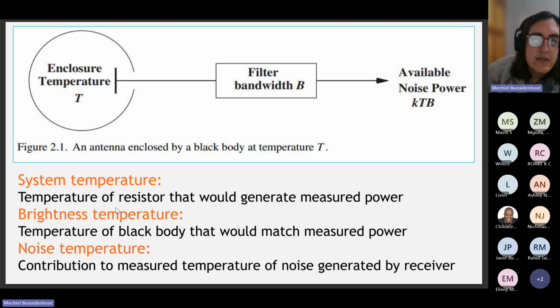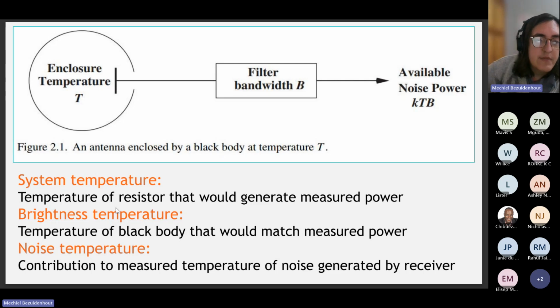So based on this very simple picture, we can define something called the system temperature, which is the temperature of the resistor that you would need to match the power of the signal generator at the receiver.